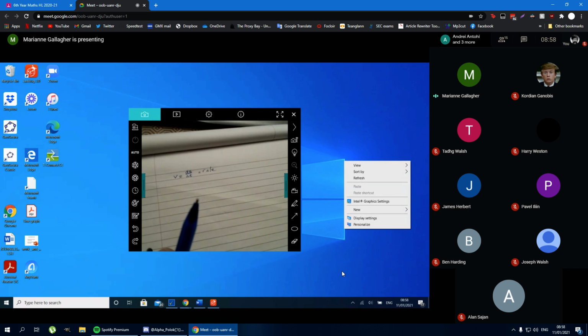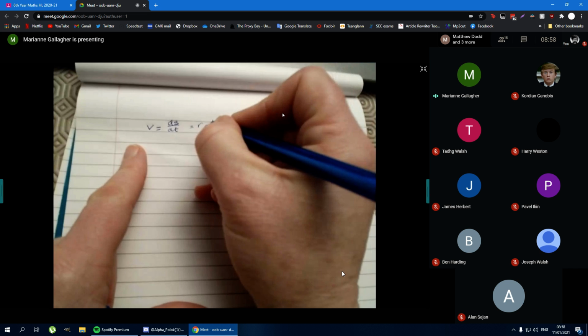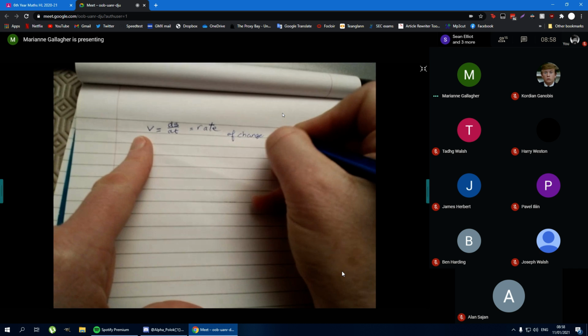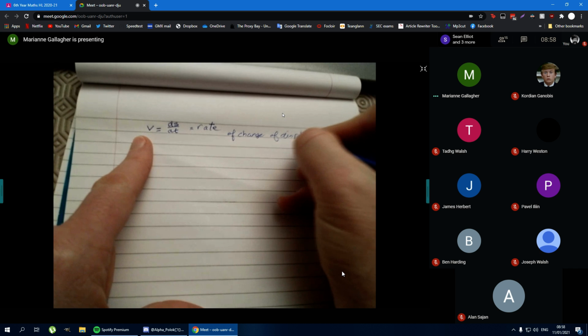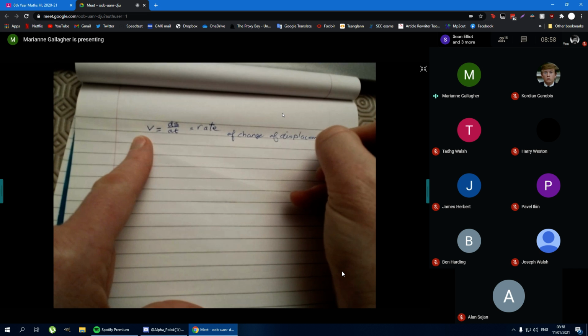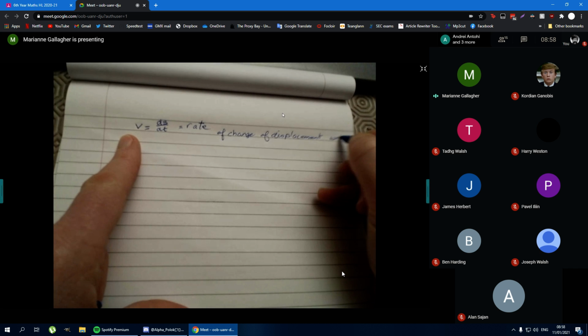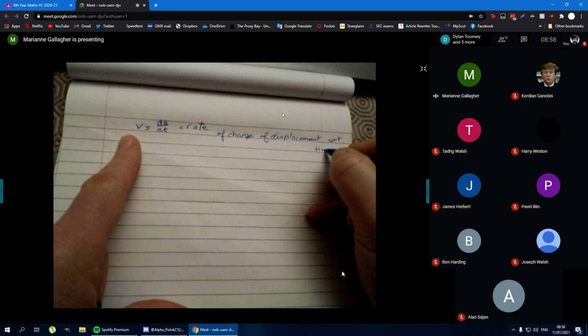Hang on, I'll increase the size of the screen. Stop me at any time if you have questions or if you can't see or hear properly. So rate of change of displacement. So how quickly it's changing with respect to, I'm just going to put WRT, with respect to time.